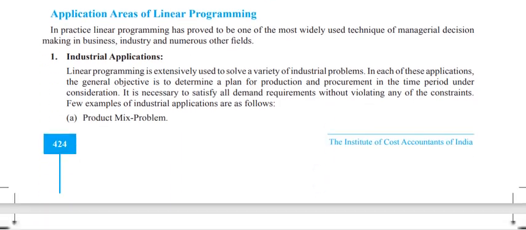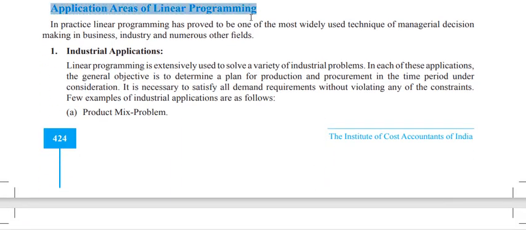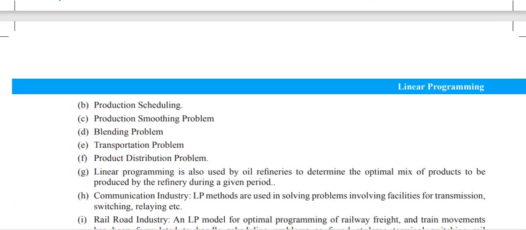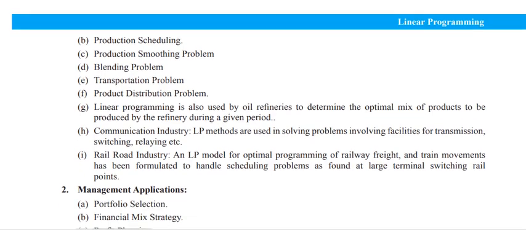So these are some theoretical things. There are certain applications also mentioned in your study material, some industrial applications like the product mix. Suppose a company is making multiple products using the same resources, then we have to optimize our product mix, how much of a particular product should be produced to achieve the objective function, right? A few illustrations are production scheduling, blending problem, transportation problem, and so on.